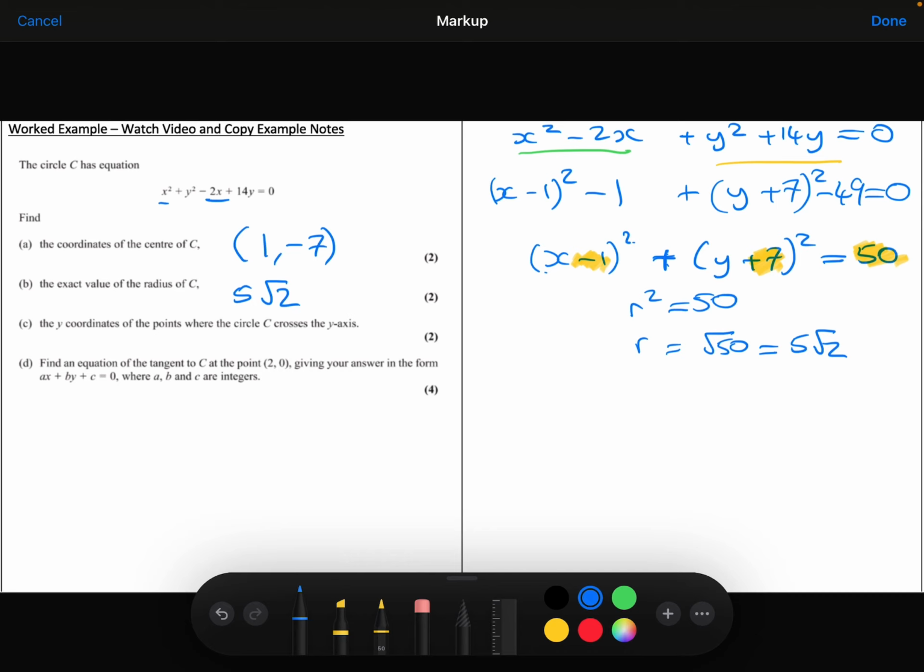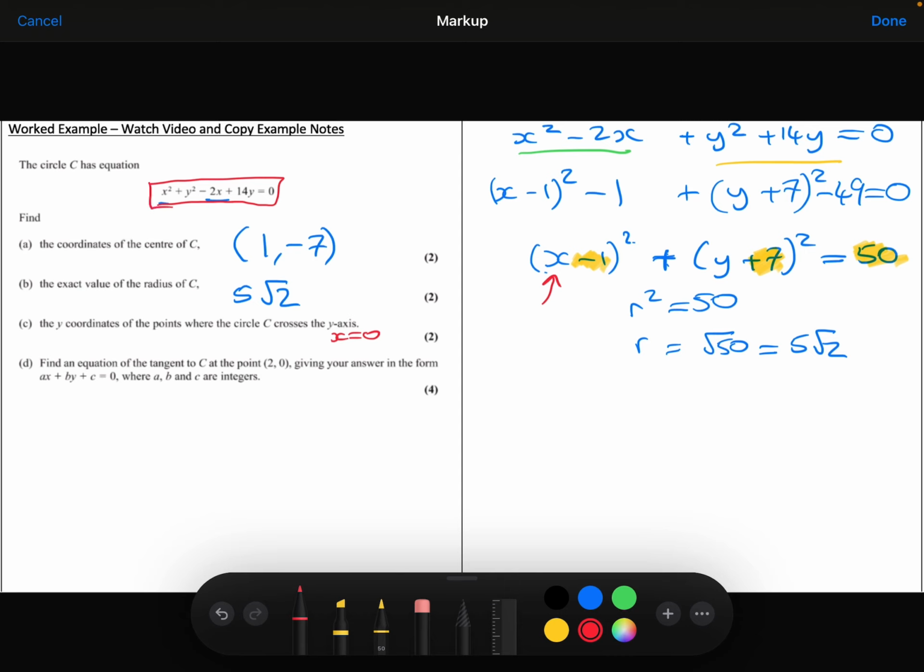Part C. The y coordinates of the point where the circle crosses the y-axis. So I know it crosses the y-axis when x equals 0. So I could either make x 0 here, or I could just take that original equation and make x 0 in that.